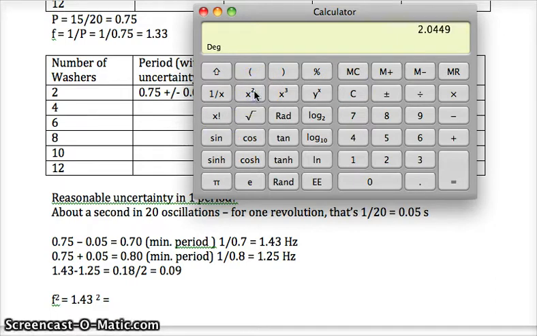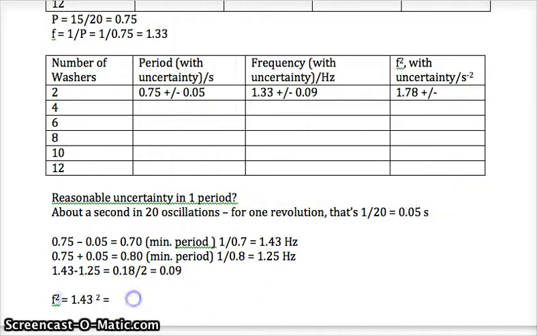1.43 squared, that's 2.04. And then for the minimum value, we get 1.25 squared.